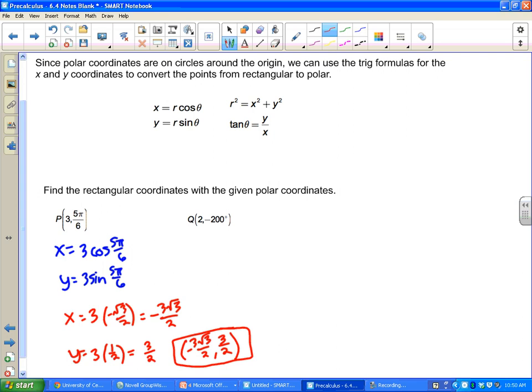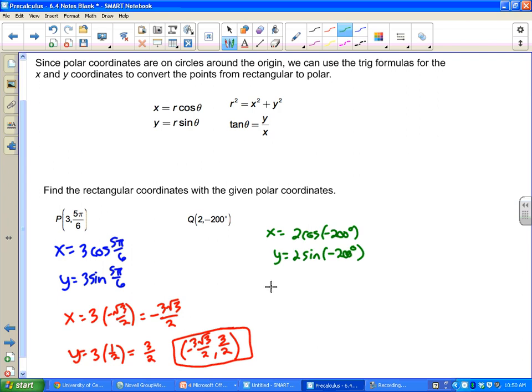Then for Q, I will have to use my calculator because negative 200 is not on the unit circle. But we're going to use the same formulas. So 2 cosine negative 200 degrees and 2 sine negative 200 degrees.